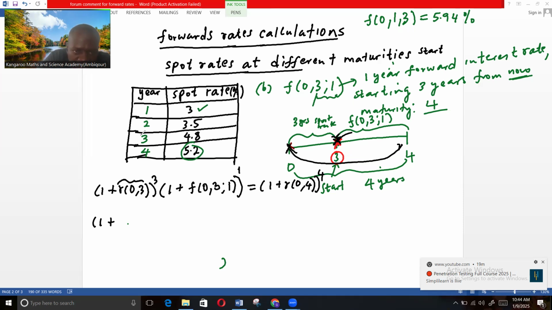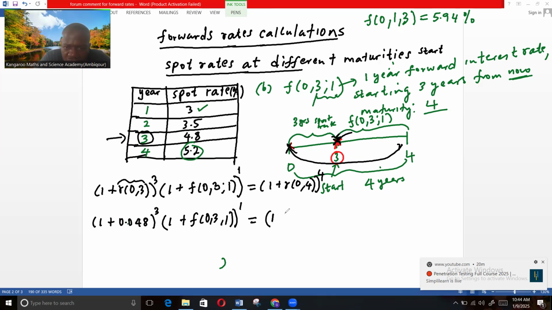The 3-year spot rate is this one. What is the 3-year spot rate? It is 4.8, so 4.8 is just 0.048. So we have 1.048 to the power of 3, and we do not know this forward rate, to the power of 1.